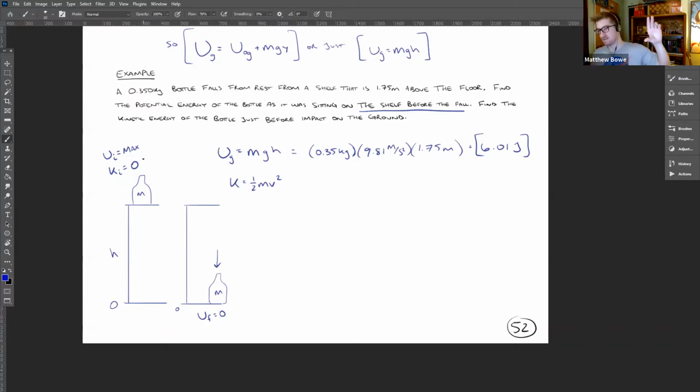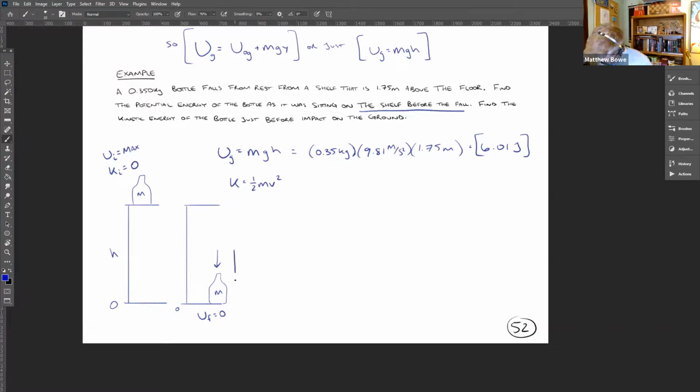But as the bottle falls, it decreases in height, but it speeds up. This is just the property of falling objects. It speeds up as it keeps falling. So it's speeding up, speeding up, speeding up. This velocity value is getting larger and larger as it approaches the ground.